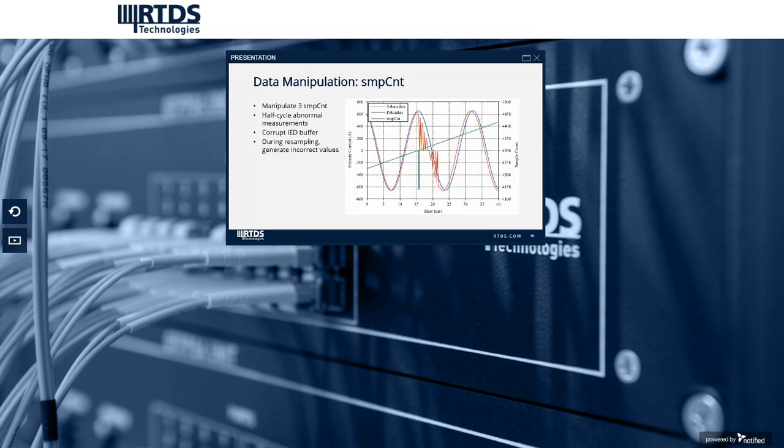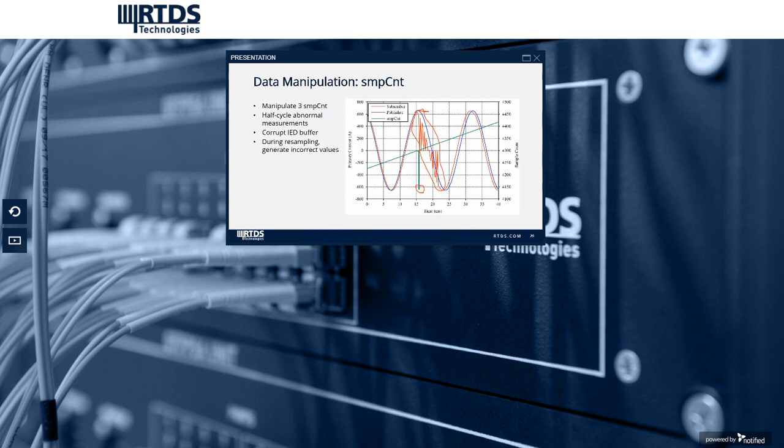Here we manipulate three SMP counts. The total sampling rate here is 80 samples per cycle. What we observed is that right after the SMP manipulation, there are half-cycle abnormal measurements. What happened here is the SMP count manipulation corrupts the IED buffer.